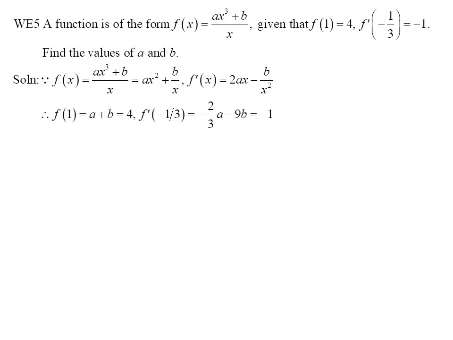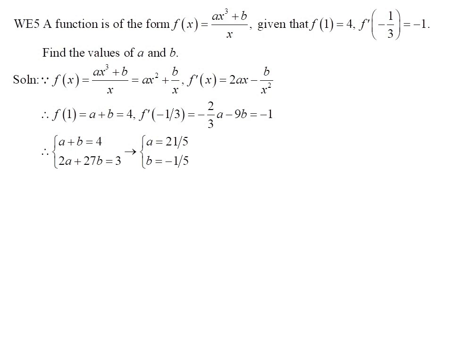After substituting x by 1 and negative 1/3 into the function f of x and its derivative respectively, we have two simultaneous equations: a plus b equals 4 and 2a plus 27b equals 3. After solving the simultaneous equations, we obtain a equals 21 over 5, and b equals negative 1 over 5.